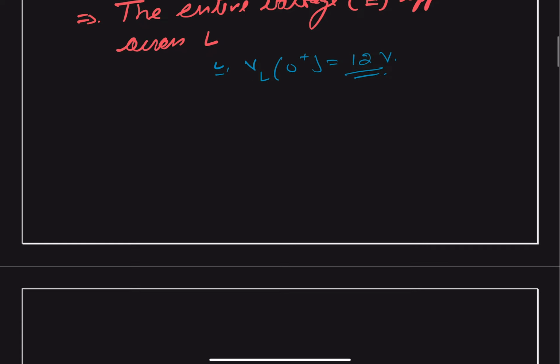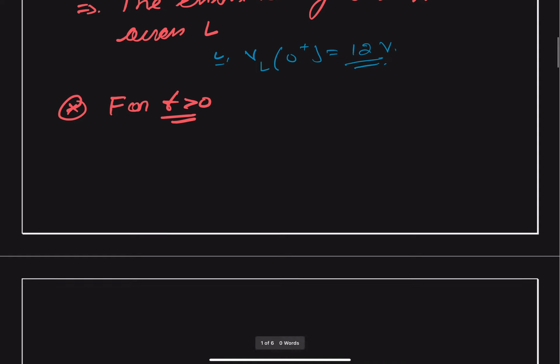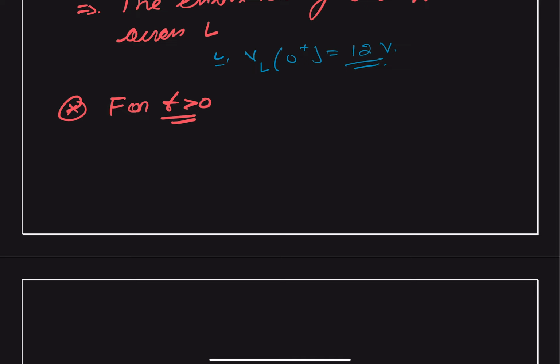Now, we can discuss the same thing for t greater than 0. For t greater than 0, the inductor will now be in series with the resistance R2. Under this condition, the inductor and R2 are in series.